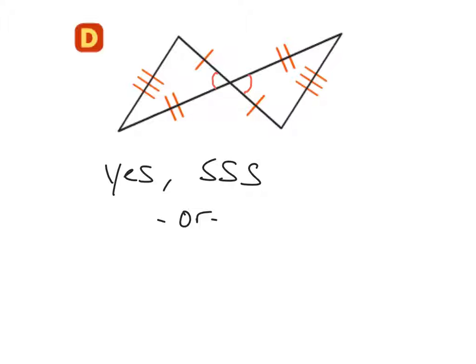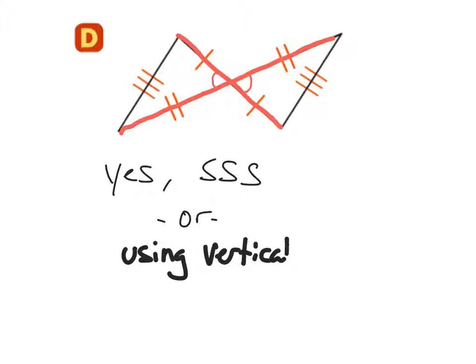Isn't this here a straight line? And isn't this here a straight line? So I have vertical angles. If I use the vertical angles, I could say side angle side.